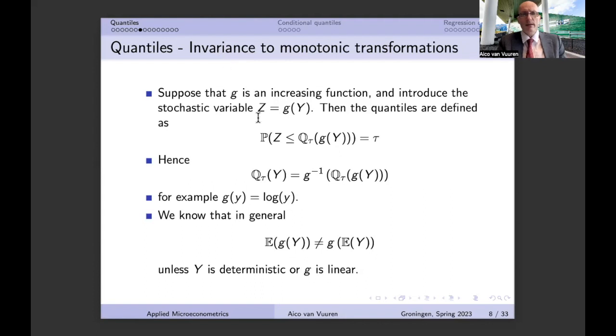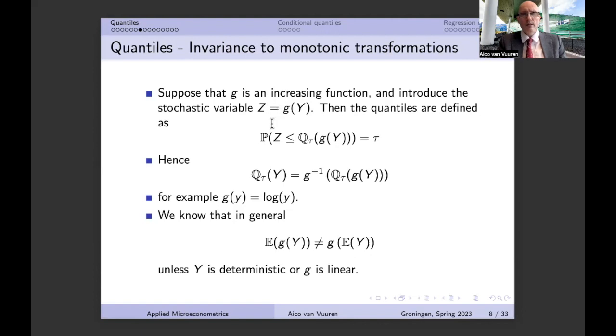Suppose that we look at the stochastic variable z, and z is, you could say, a derived stochastic variable, because it is equal to the function g evaluated in y, where g is some kind of function. It's not completely random, because we're going to assume that g is an increasing function.